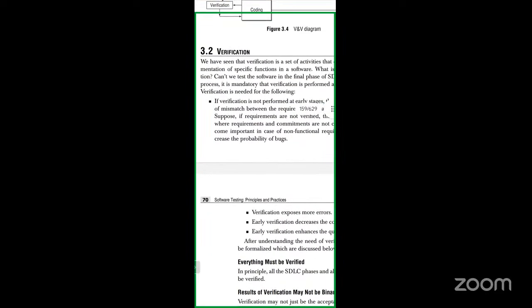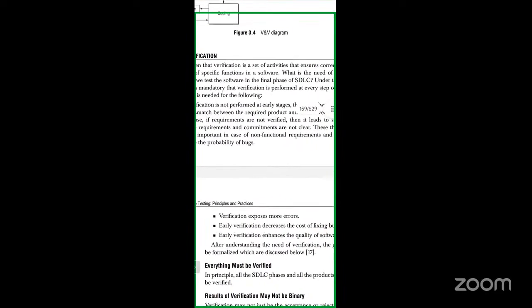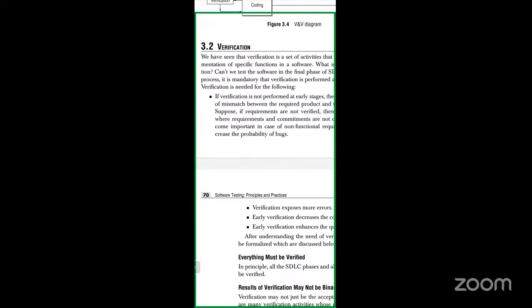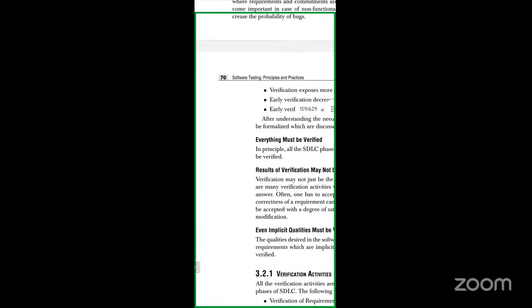So if verification is not done, we are going to get a multiple number of errors. If early verification is done by the tester, then we are going to have less cost. If verification is done at a later part, it is going to give much more cost for the users, that is, we are going to be charged more because it is at the later stage, right?